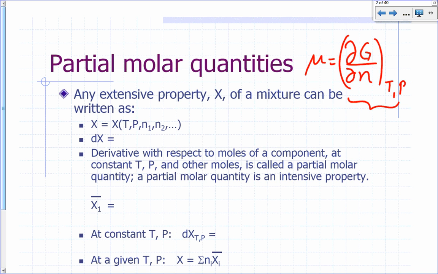Okay. So any extensive property X of a mixture can be written as a function of temperature, pressure, and number of moles of each of the components of your mixture. Okay.